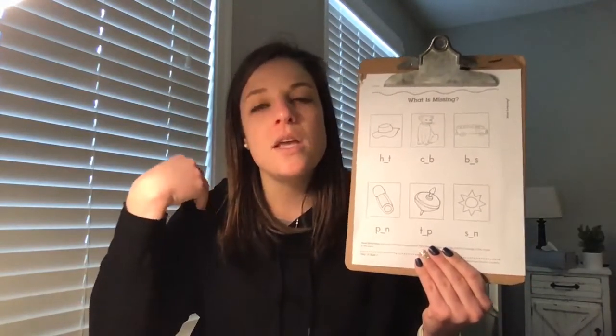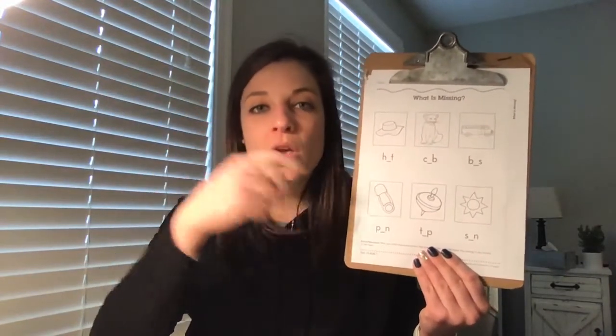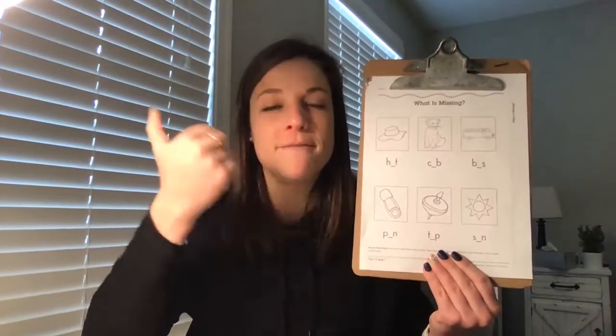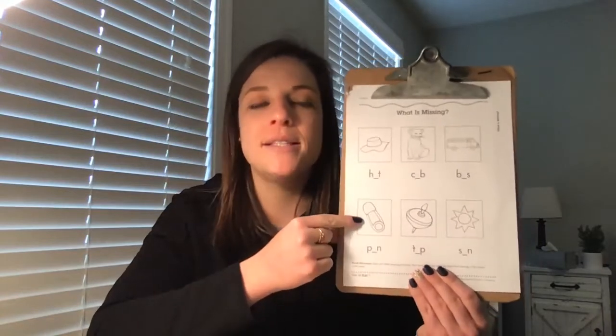So if, say you had a hole in your shirt and until your mom or dad or grandma or grandpa, somebody could sew it together, you might use a pin to put it together. It's very, very sharp. So this pin has an I in the middle.